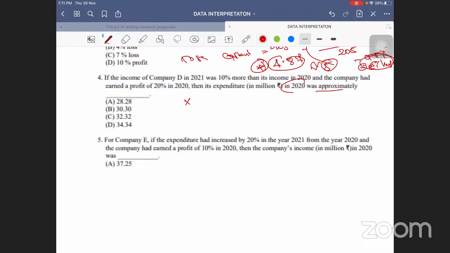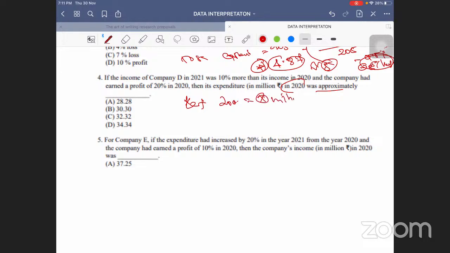So let us consider the income in 2020 as X million.